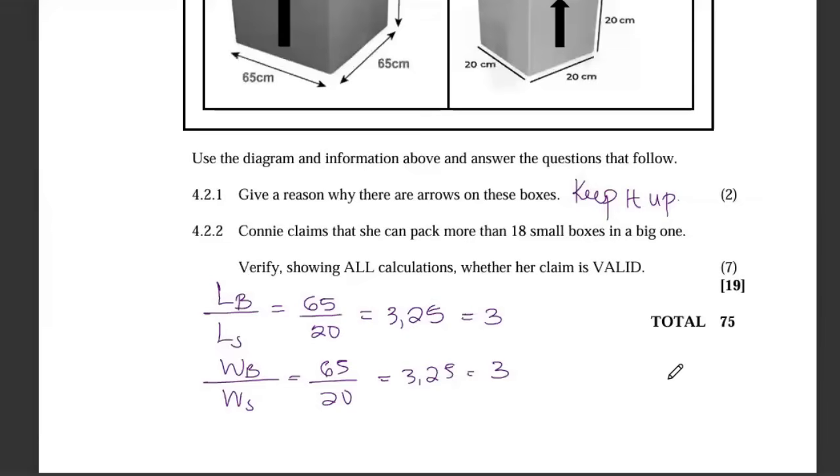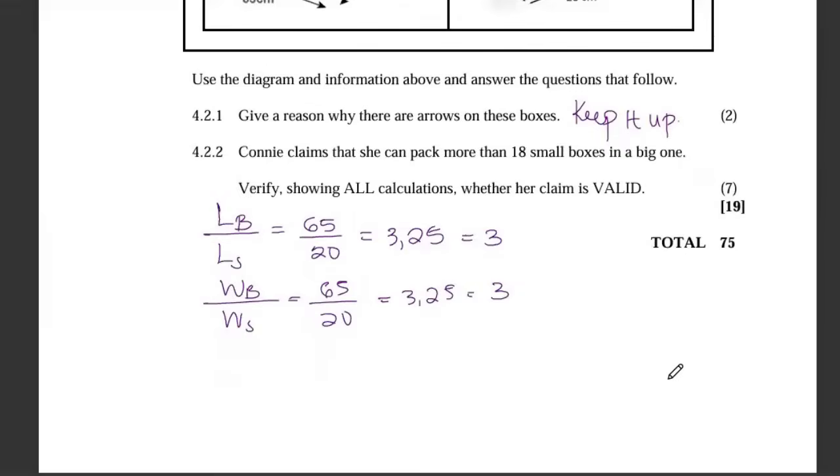So what about the layers going upwards? For the layers, we shall say the height of the bigger box, 55, divided by the height of the smaller box, which becomes 55 divided by 20.